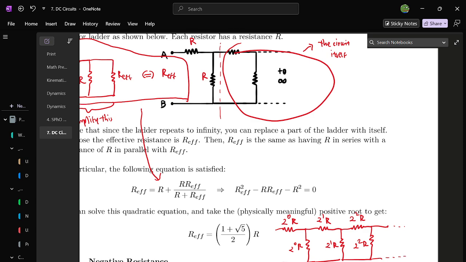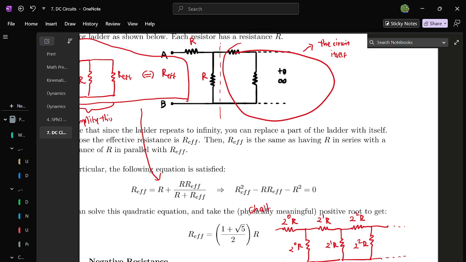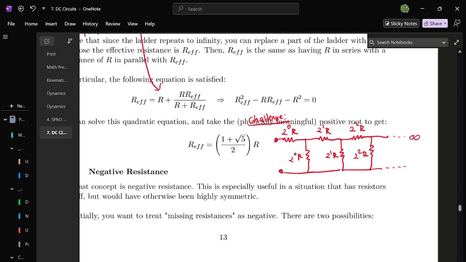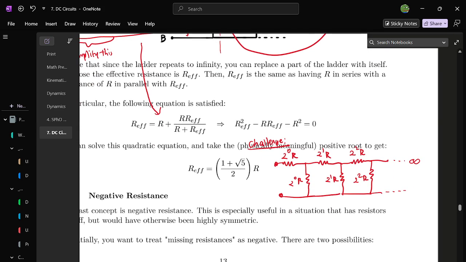So this is also quite an interesting generalization of it, because your whole ladder scales by a factor of 2 as you go between steps. So if you want to challenge yourself, you can try this, to infinity. I think I'll probably post the solution to this on the Discord afterwards. It's not in the problem set, but this is just an interesting generalization.